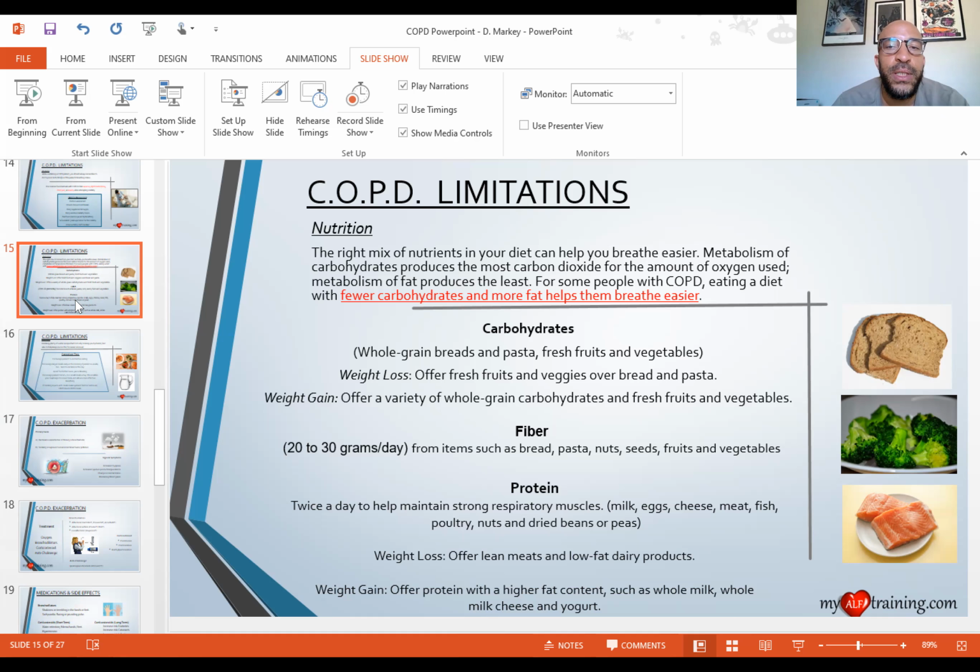So for people with COPD, eating a diet with fewer carbs and more fats helps them breathe easier. It's just that simple. We want them to eat more fat because the metabolism of fat produces the least amount of carbon dioxide.